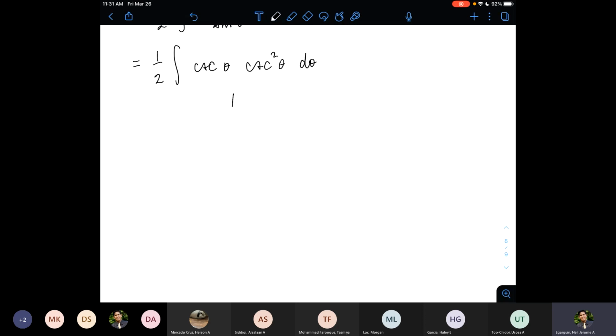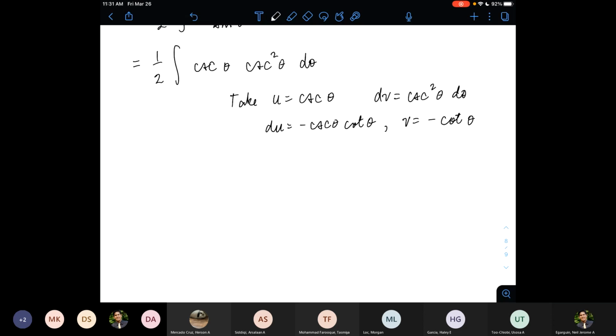I will take u to be equal to cosecant theta, the one that is easily differentiable, and dv to be the one that is easily integrable. Okay, so du would be negative cosecant theta cotangent theta, and v is equal to negative cotangent theta.